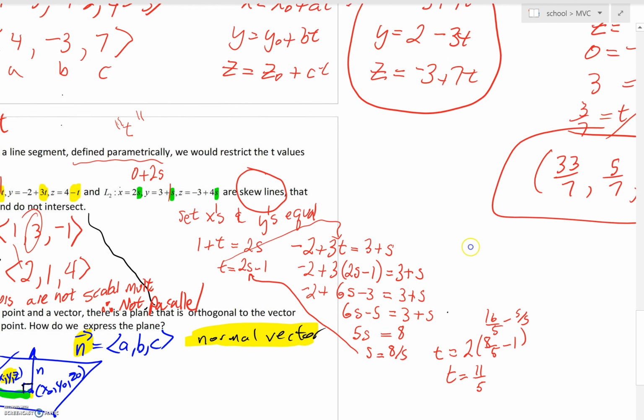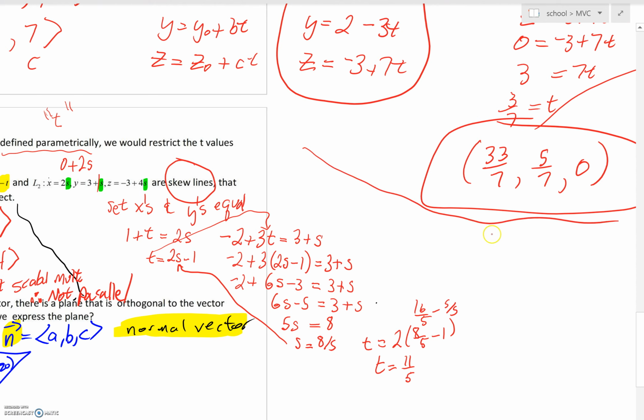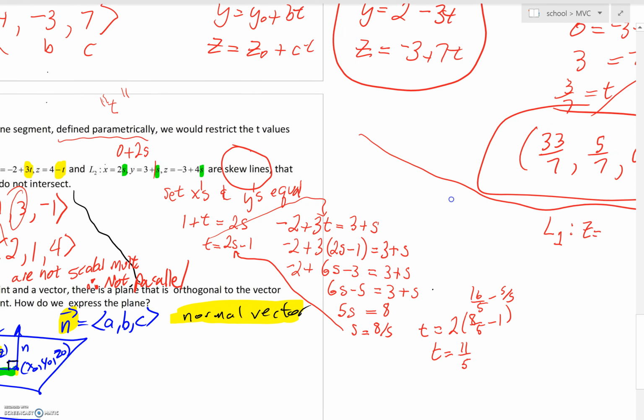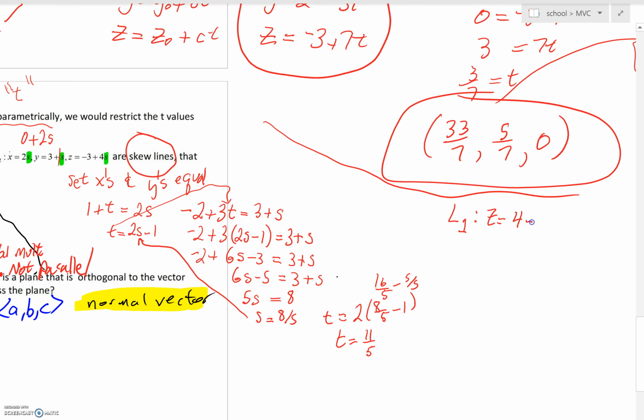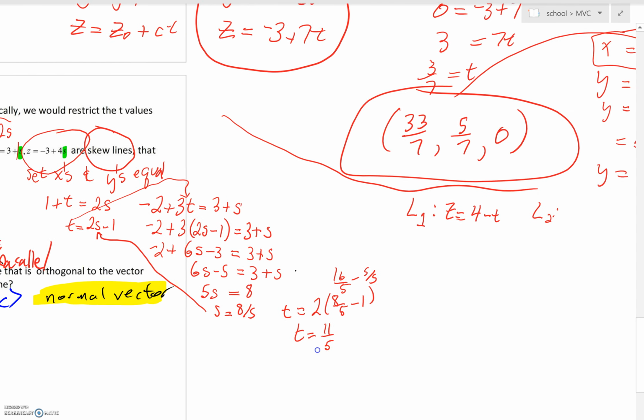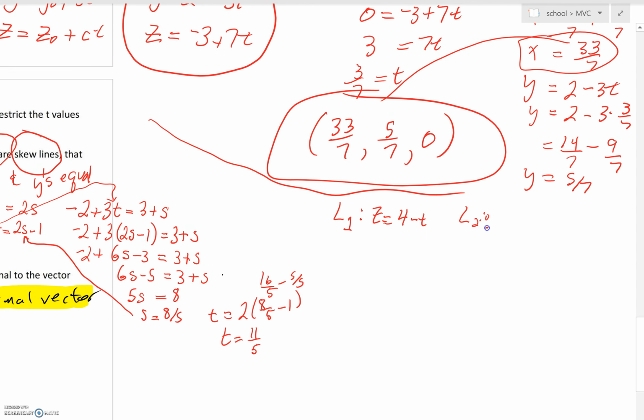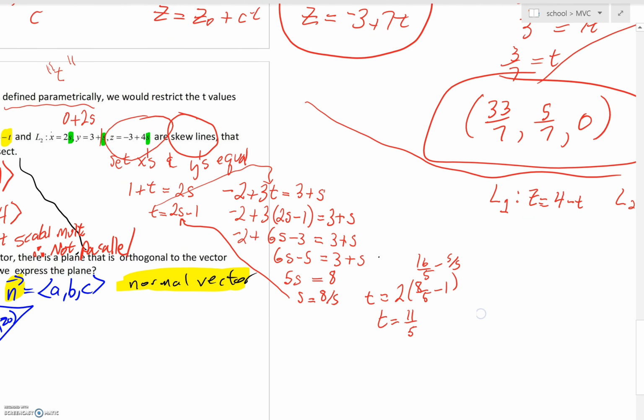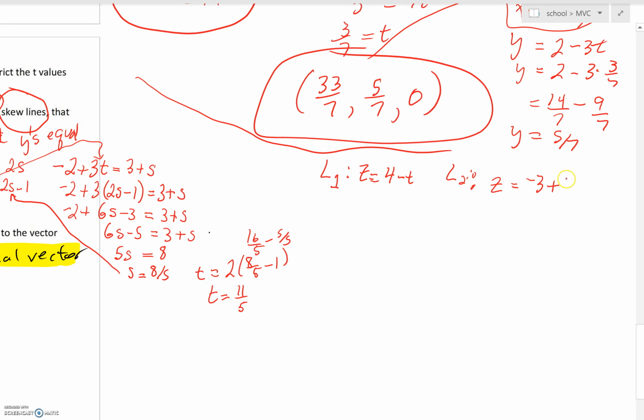But now let's go ahead and check what's happening in line 1. In line 1, our z would be 4 minus t. And then for line 2, we can see right here, our z would be negative 3 plus 4s. But you see, now we know what our t and our s actually would equal.